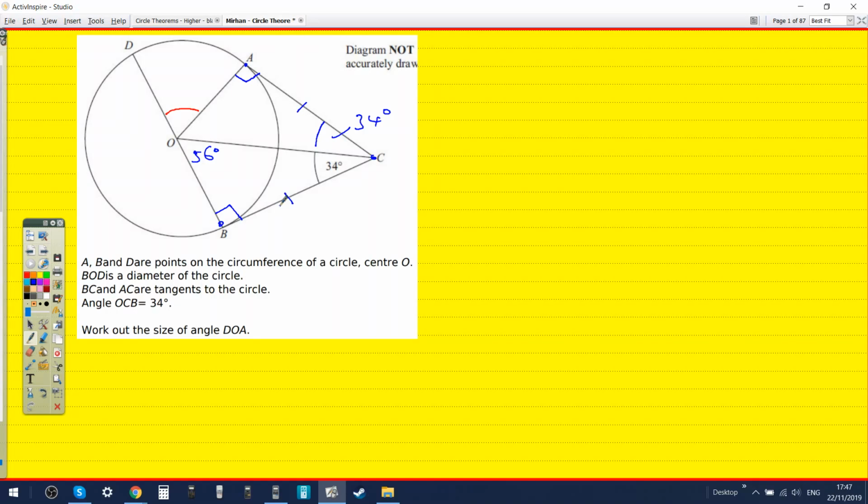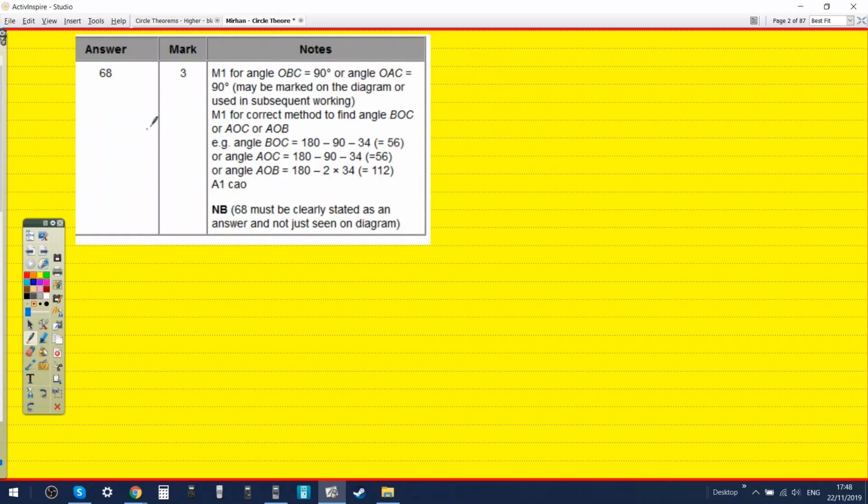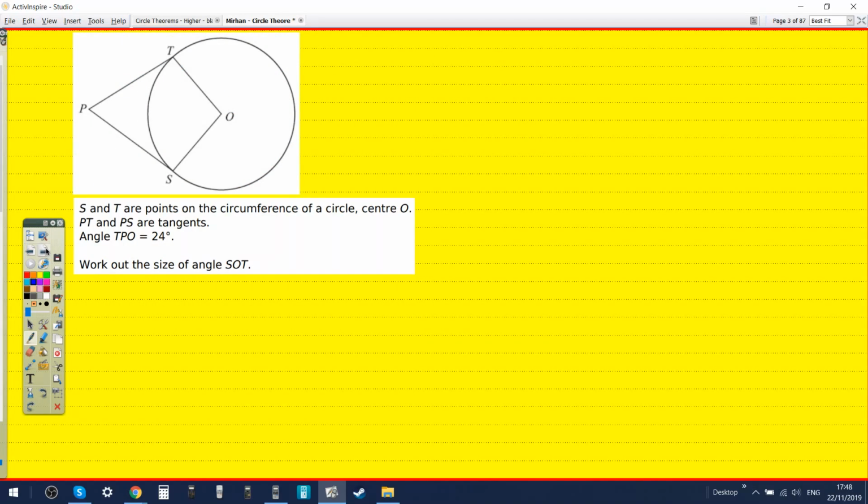Okay, yes. And so the middle angle is 56 as well? Mm-hmm. And so 56 plus 56. 68 is the DOA. So that is 68. 68, that's it.